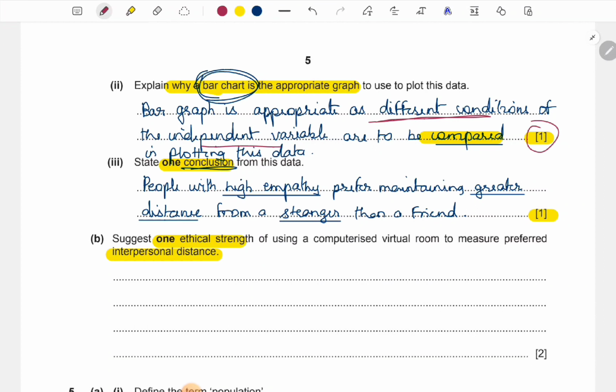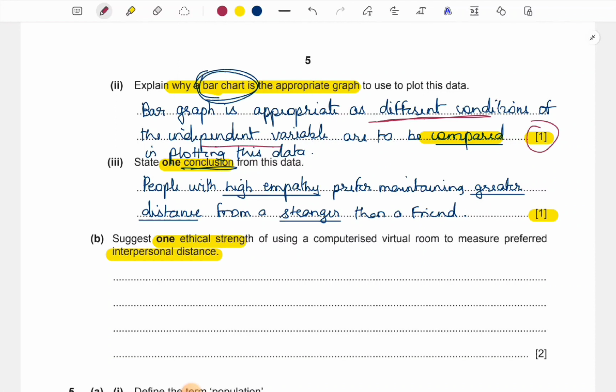Now, a common mistake students make in this answer, what I've seen is they will give a very generic answer. Like bar graph we have drawn to visually represent the data. See, they're not asking you why you draw any graph or why you draw graphs in general, because that is a statement you could apply to any graph.